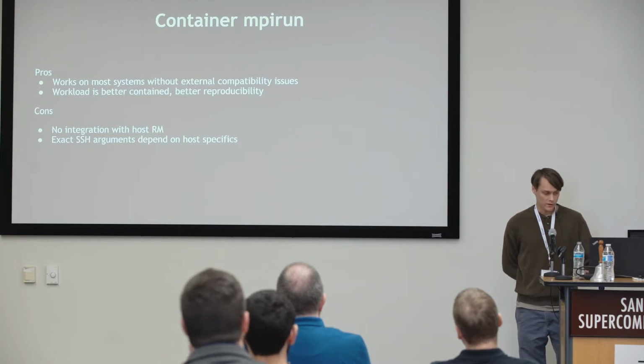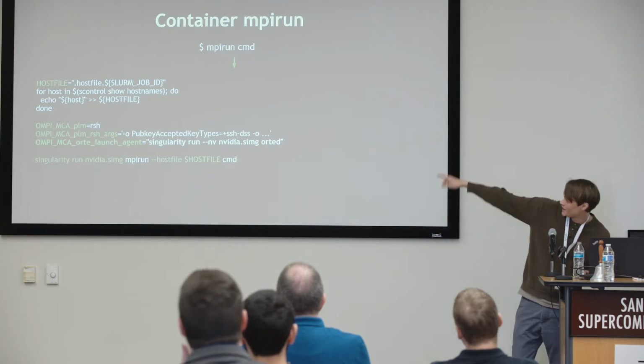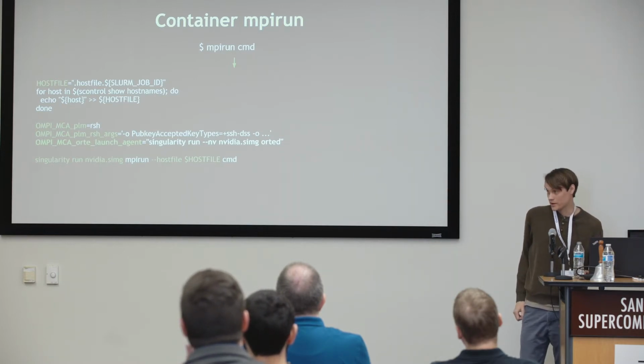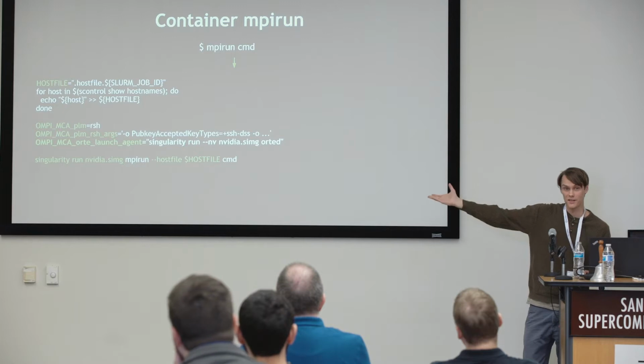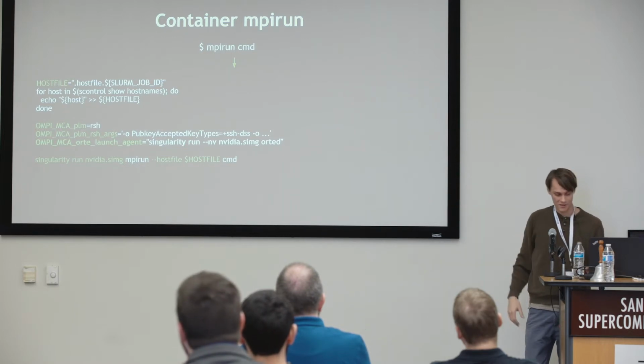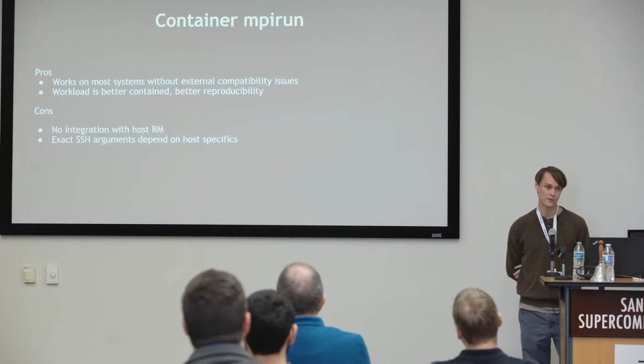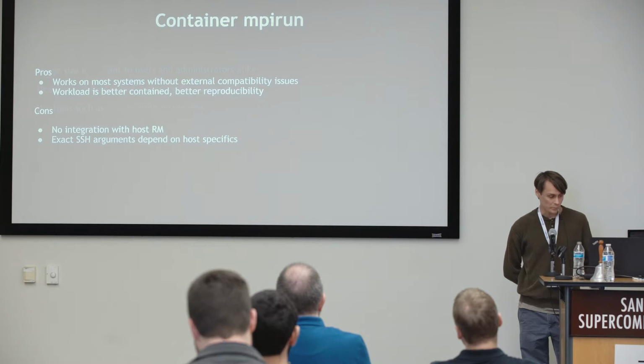And there were some ellipses on the last slide for that PLM RSH args. These are SSH arguments to make sure that you can SSH into each node correctly, and those vary from system to system. I would not expect your average user to know what those arguments should be.